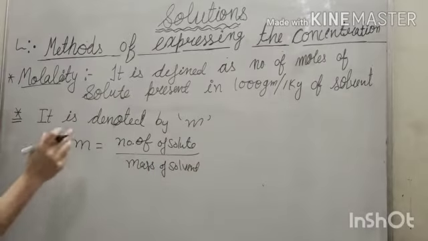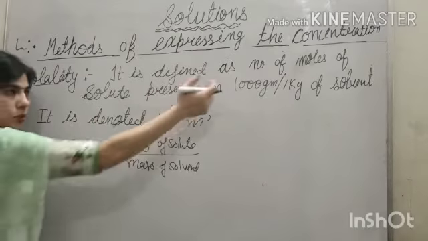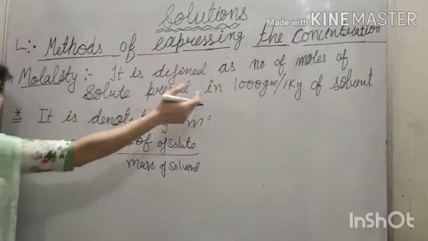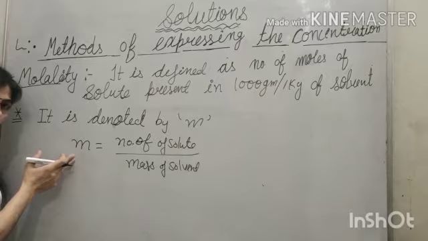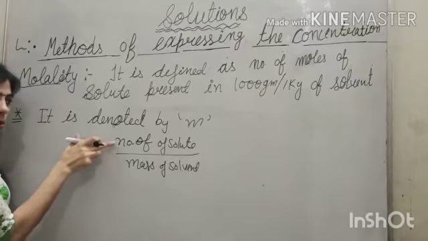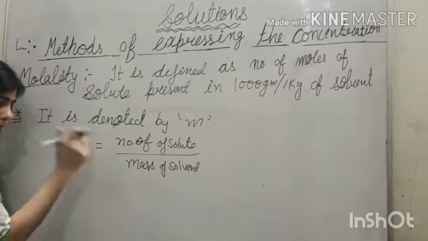So, according to the definition, molality is equal to the number of moles of solute present in 1000 g or 1 kg of the solvent. So, mathematically, molality is equal to the number of moles of the solute divided by the mass of the solvent.